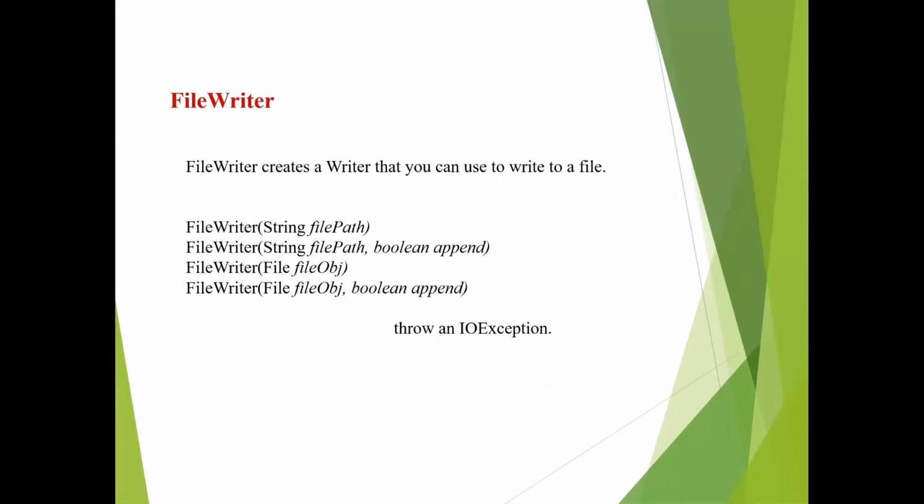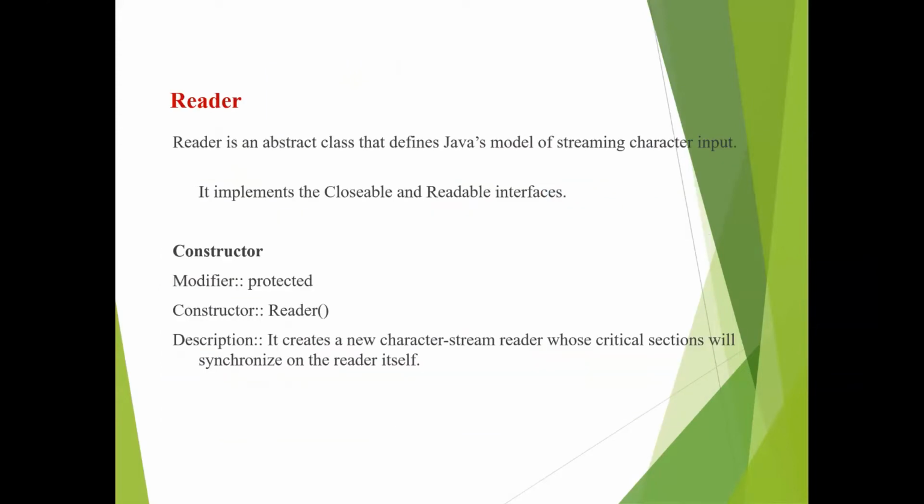The Reader class is the superclass for all the character input streams, and the Writer class is the superclass for all the character output streams. InputStream is related to binary data, and Reader and Writer are related to character data. Now, what are the similarities and dissimilarities between InputStream and Reader and Writer? We will go with this in the next lecture.